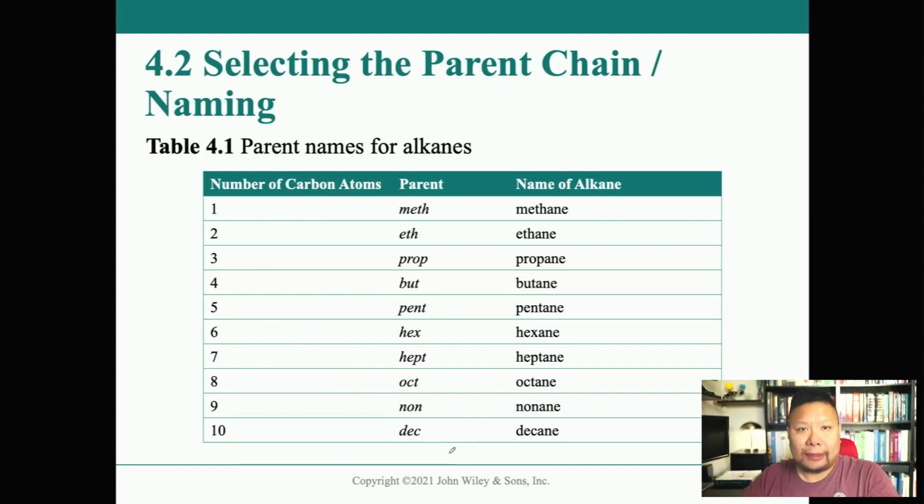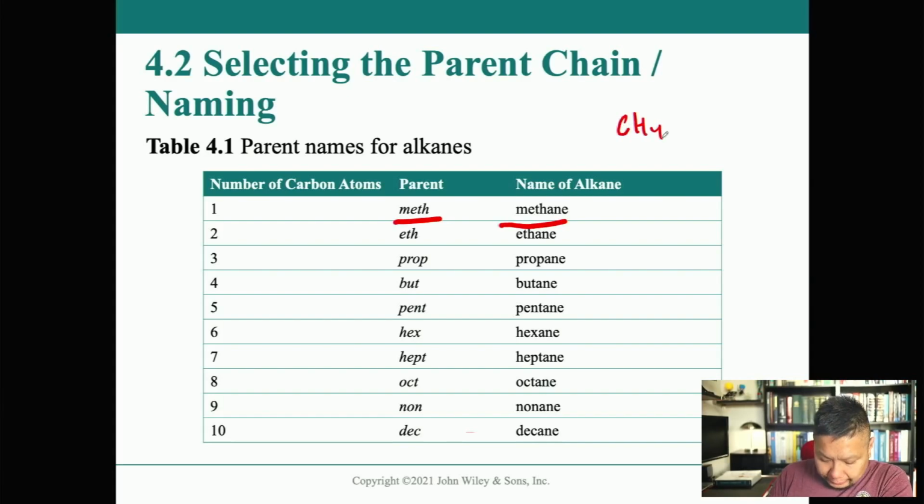Once you figure out the number of carbons in the longest chain, known as the parent chain, you can name the chain after some Greek prefixes, or maybe it's Latin, maybe it's both. For example, meth means one carbon, as in methane, which is CH4.